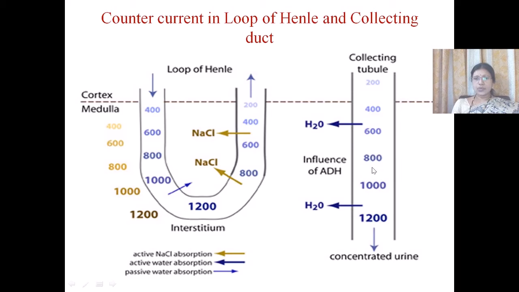At the lower part of the collecting duct, some amount of urea is again reabsorbed into the interstitial fluid, thus increasing the concentration of the interstitial fluid. Due to the reabsorption of water, by the time the urine reaches the collecting duct, it becomes hypertonic, and the concentration of this urine is about 1200 milliosmoles per liter.